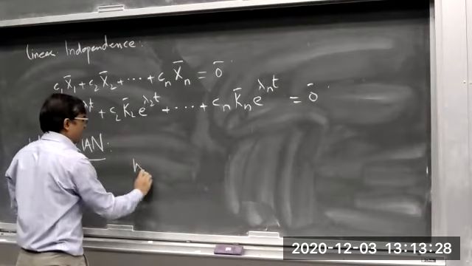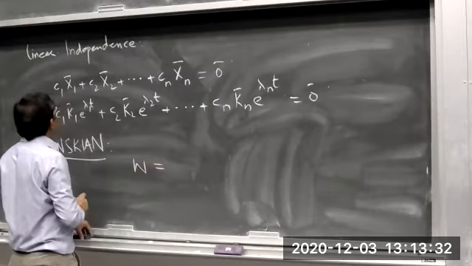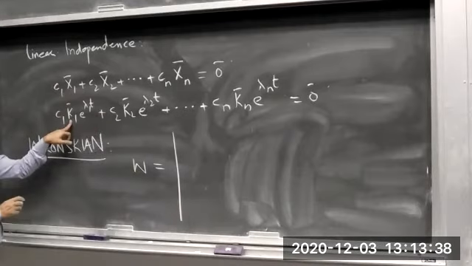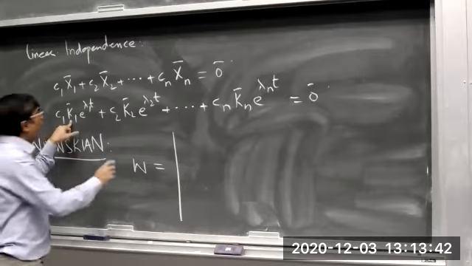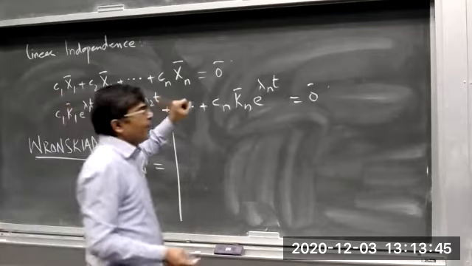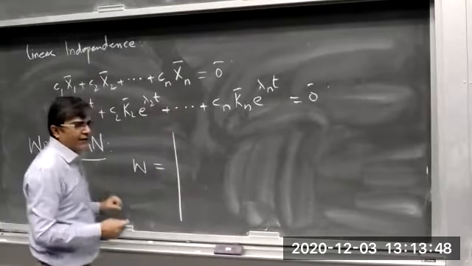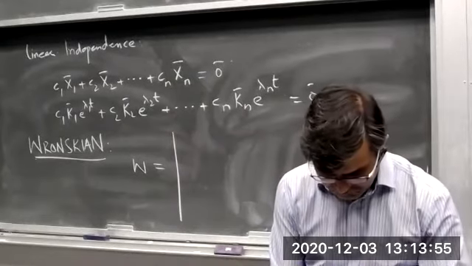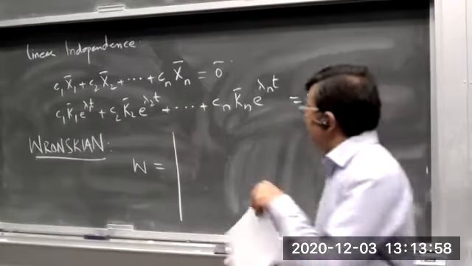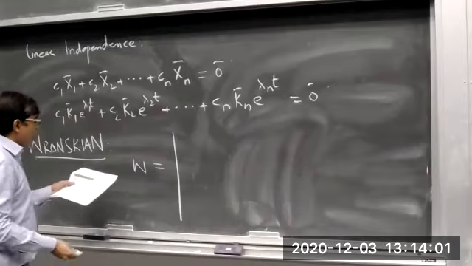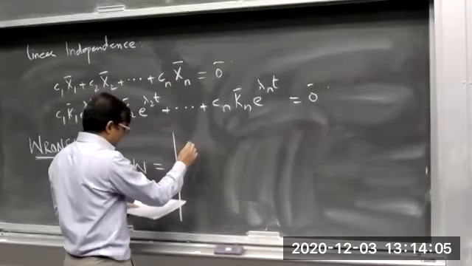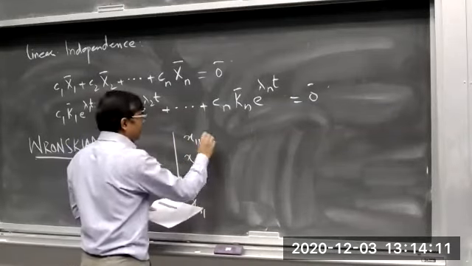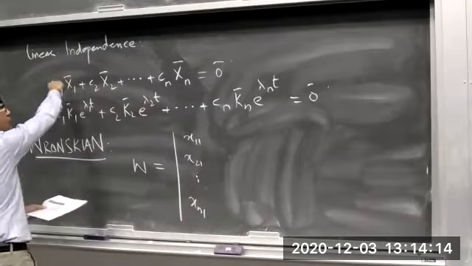You can denote it by W. W is the determinant of the x vectors. In general, write the entries of x1. If you have the entries of x1, x11, x21, so on xn1, you have written the first vector, the first solution vector x1.